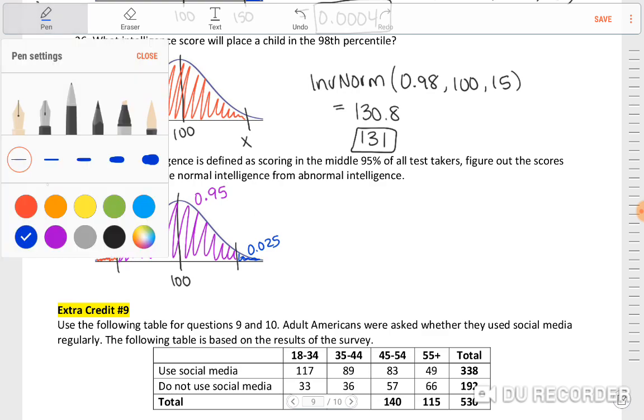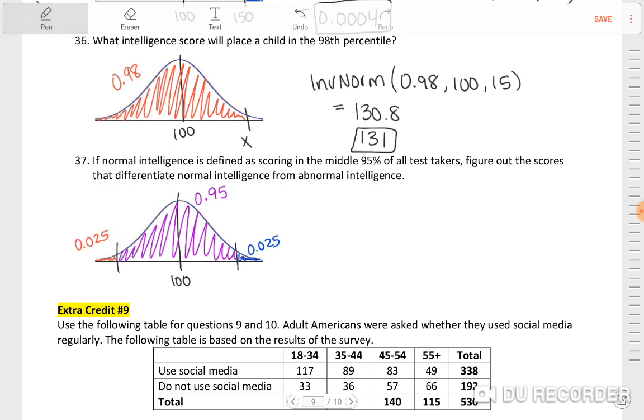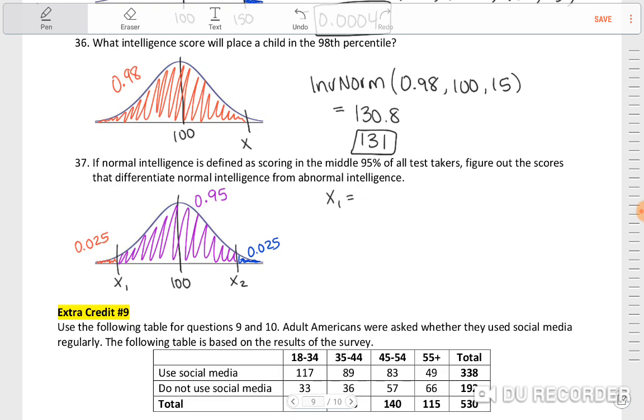Okay, so when I'm looking for these values, I'm going to call this x1 and this one x2. For x1, I'm given the area to the left. Well, actually, I found the area to the left. So, again, you see that percentage, so that means you're going to use that inverse norm.